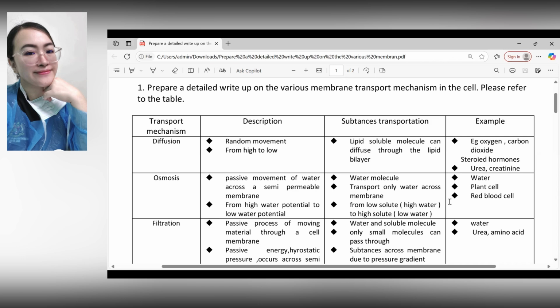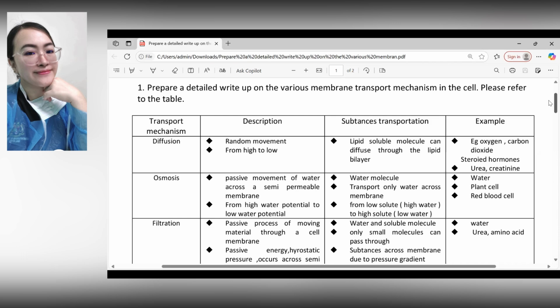The next transport mechanism is osmosis. The description is a passive movement of water across a semi-permeable membrane, from high water potential to low water potential.